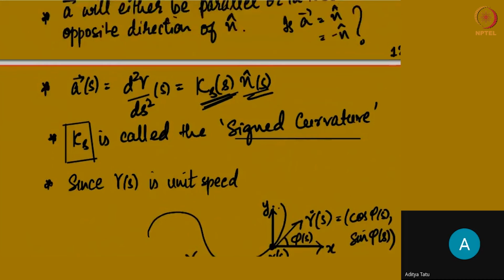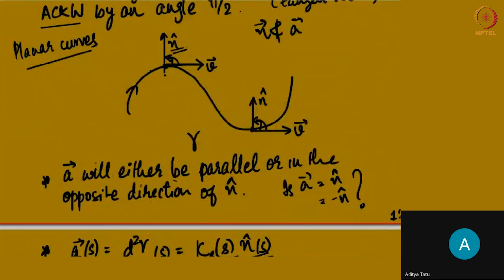You can see over here my velocity vector will turn in this direction, and so the acceleration vector you can expect will be in this direction. Whereas here my velocity vectors are turning in this direction, and so your acceleration vector would also be in this direction.